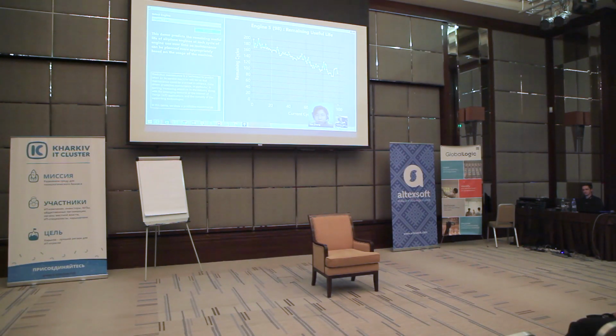And if you select a different engine in your drop-down list, then it will show us a different picture, right? Yes. If we choose a different engine, for example, this one is sending the request back, and it will show us the remaining useful life for engine number 11 during the course of these cycles.